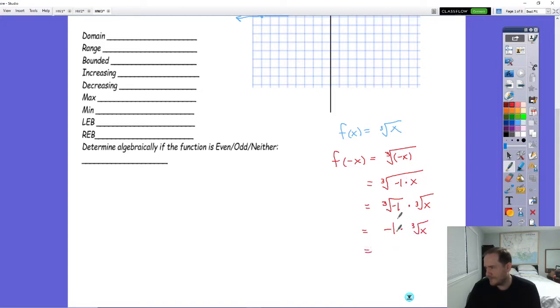And then we've smoothly and unambiguously proven that what we've got is the opposite of cube root of x, meaning we've got the opposite of f of x. We've shown that f of -x is the opposite of f of x. So we can say, therefore, f of x is odd.